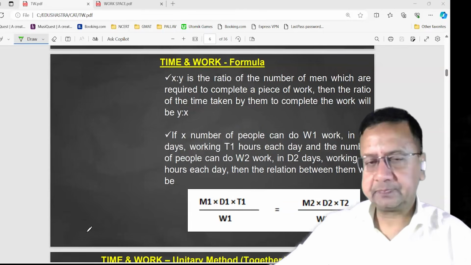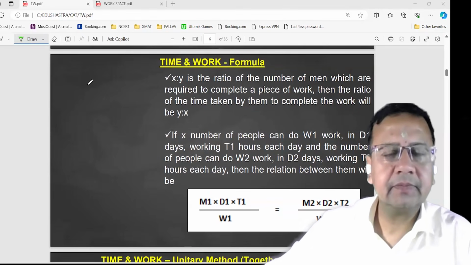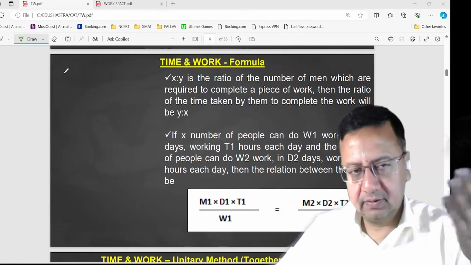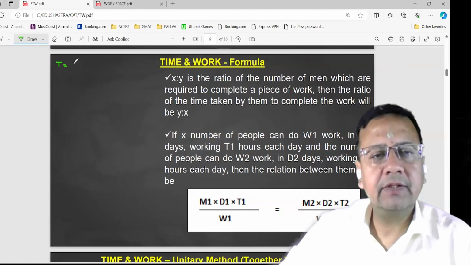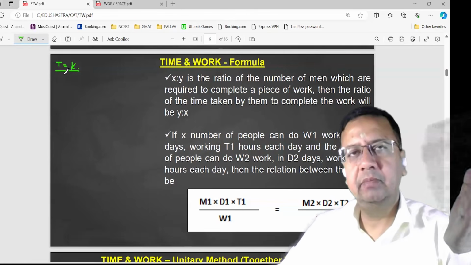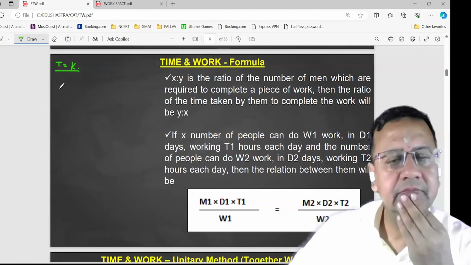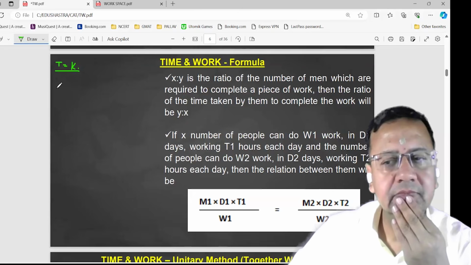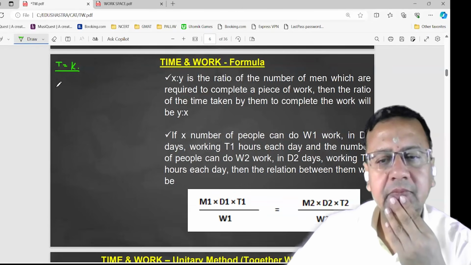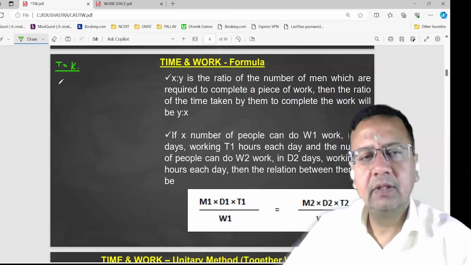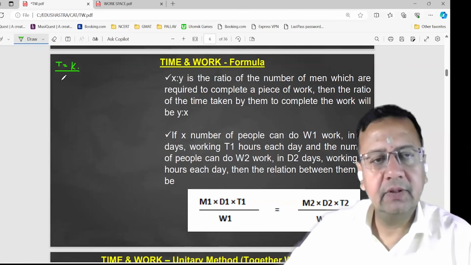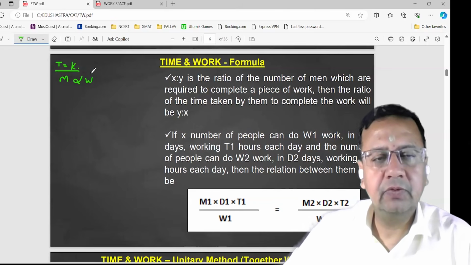In this, can you just revise? Suppose time is constant. What is the relation between men and work? If time is constant, they are directly proportional, so men are directly proportional to work.